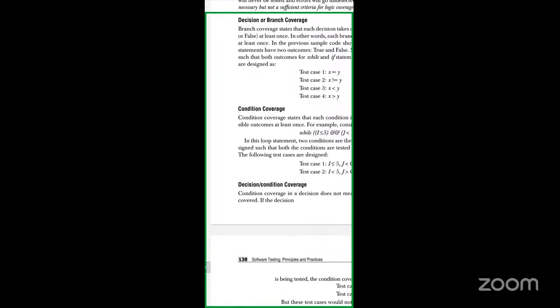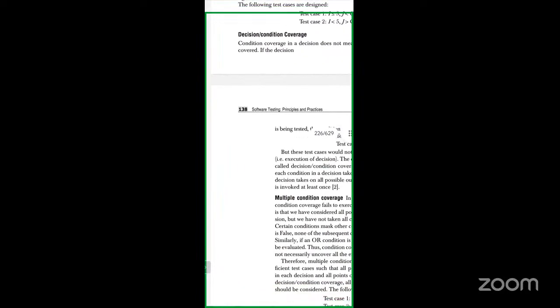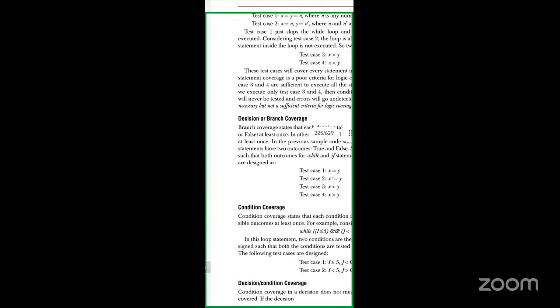It covers the conditions, that is, while condition, do-while condition, if condition, every condition. It also covers multiple condition coverage, that is, a loop within a loop is also covered in this particular logic coverage criteria.